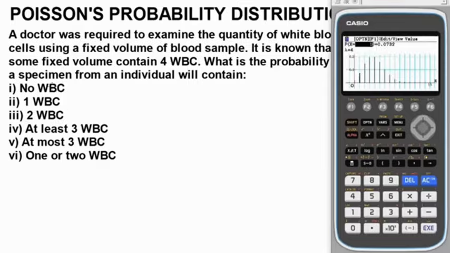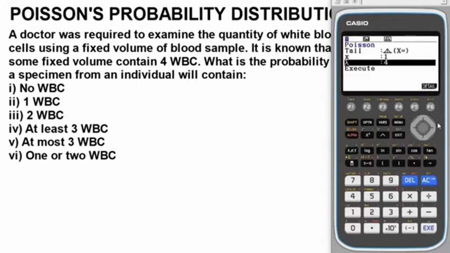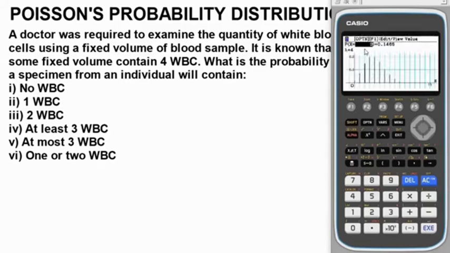To get the probability that a specimen from an individual will contain 2 white blood cells, we go back to exit, remove this 1 and put 2. Now, guys, very simple. We execute again. So this will be the probability that a specimen from an individual will contain 2 white blood cells. So we have it to be 0.1465.